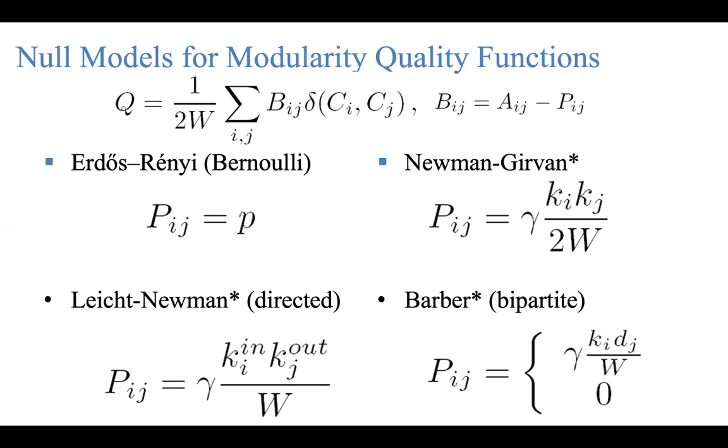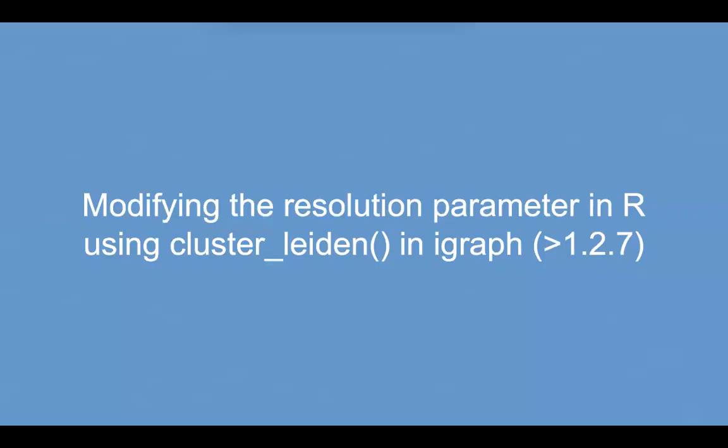It's just important to know that those things exist. Only in some of the clustering and community detection functions inside of iGraph do you have any ability to do anything beyond the so-called constant Potts model, that is the Erdős-Rényi form here, and the regular modularity form of Newman and Girvan. But it's important to know that those exist.